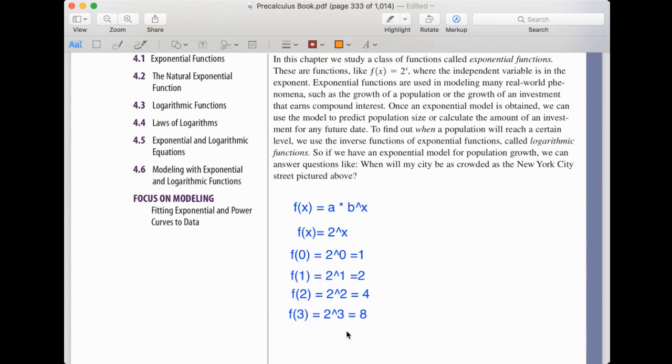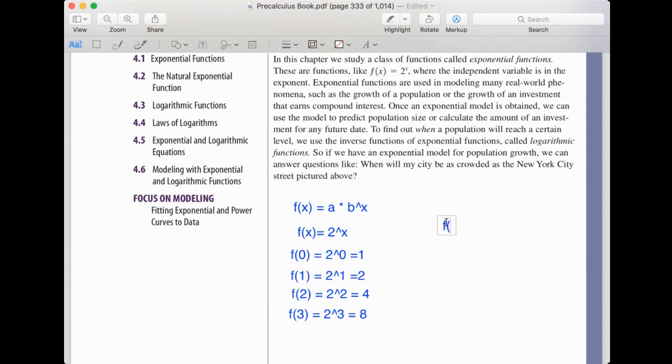Maybe some of you have taken a statistics class talking about doubling time. Each time it doubles: 1 becomes 2, 2 becomes 4, 4 becomes 8. So this is an exponential function with base 2, and each time it doubles. Or halving.